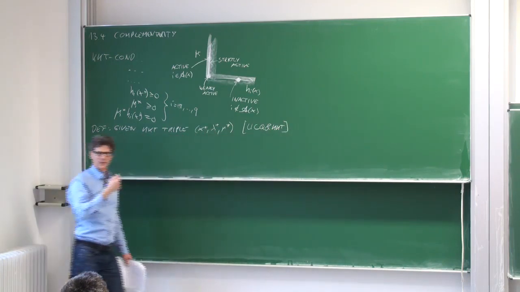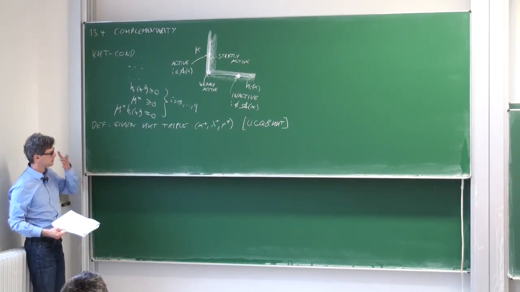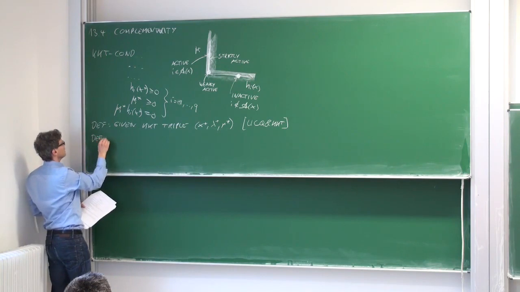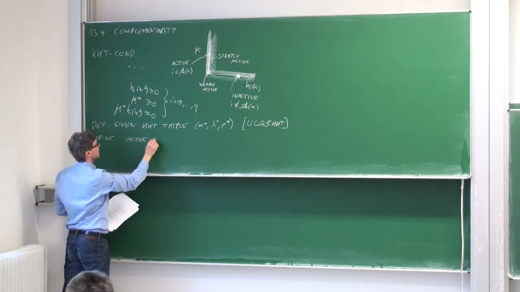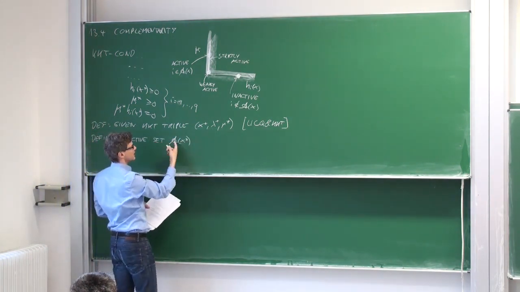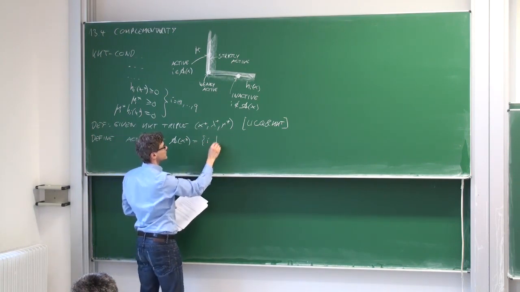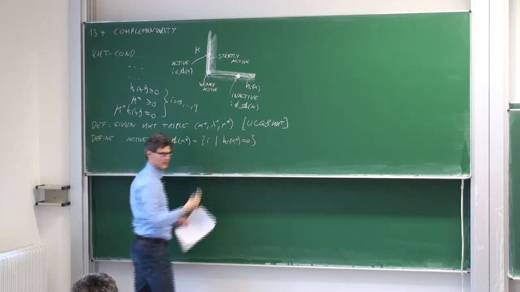So that's one of these points that satisfies the necessary optimality conditions. We define the active set. Of course, we know that already. That was the set A(x*), the set of all indices i so that h_i(x*) is equal to 0. So that was the active set.